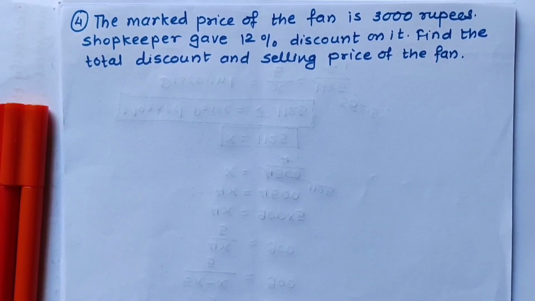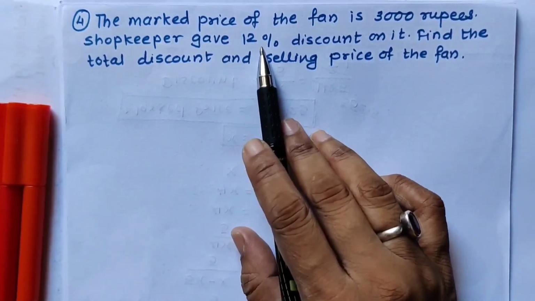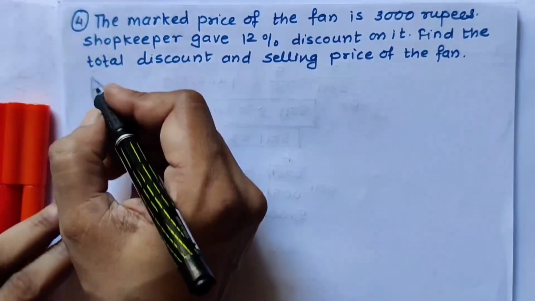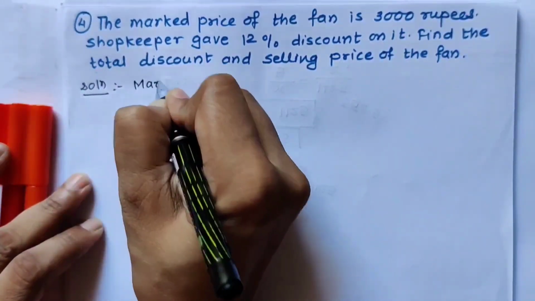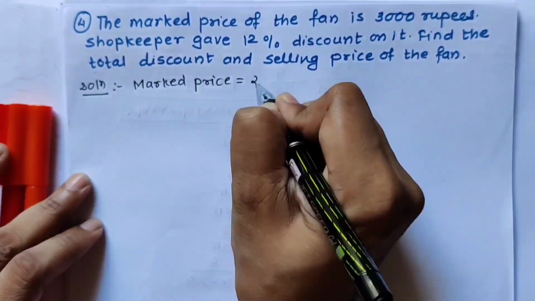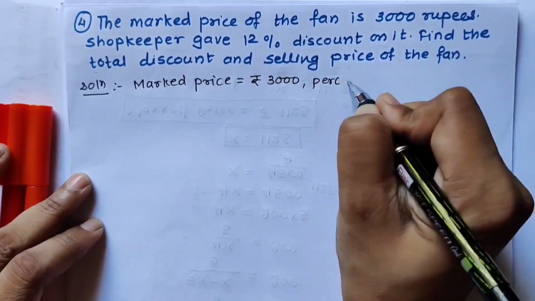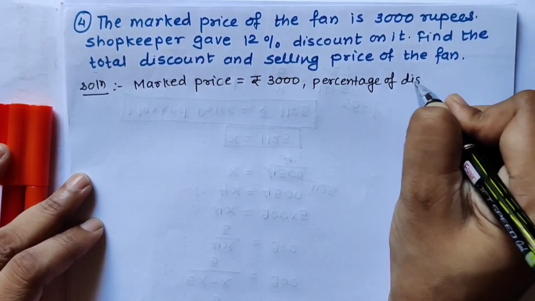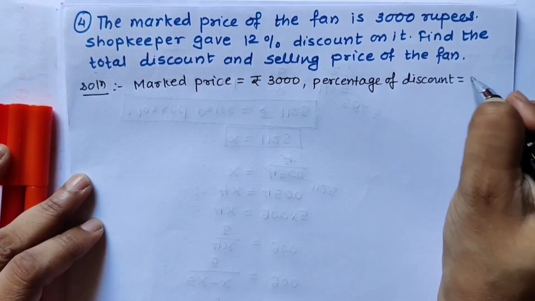Question number 4. The marked price of the fan is rupees 3000 and shopkeeper gave 12% discount. That means percent discount is given and marked price is given. So we write in the solution marked price equal to rupees 3000 and percentage of discount also given to us is equal to 12.